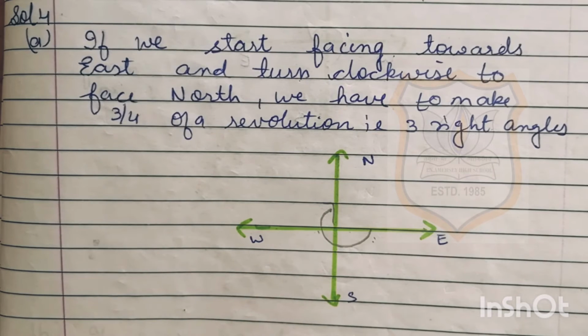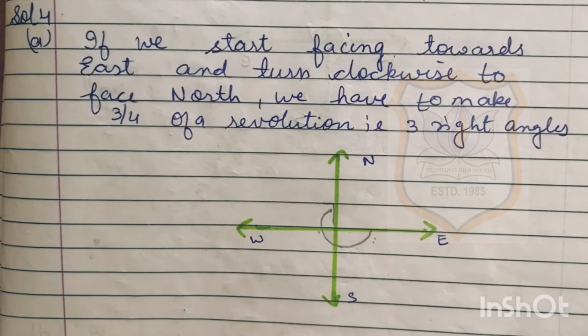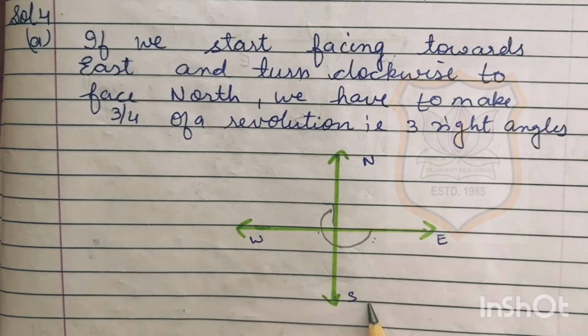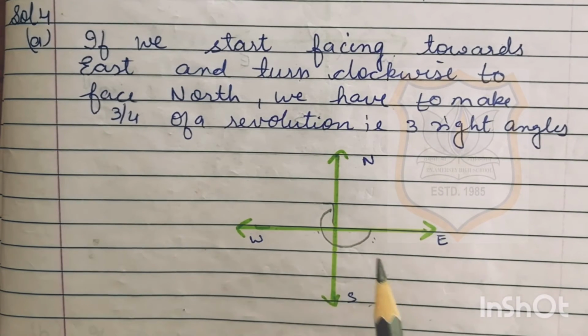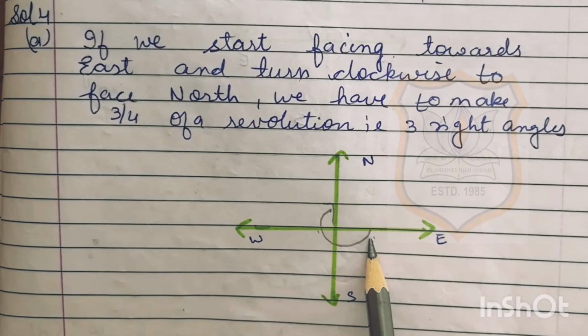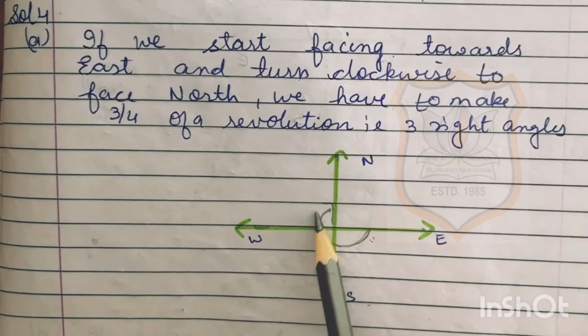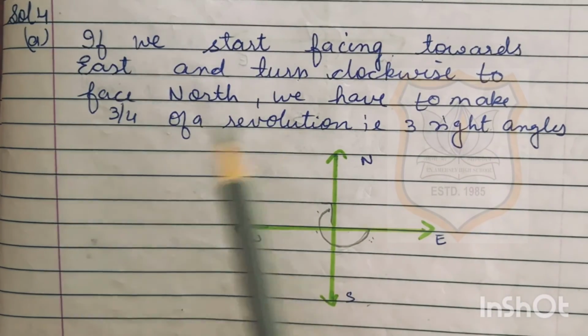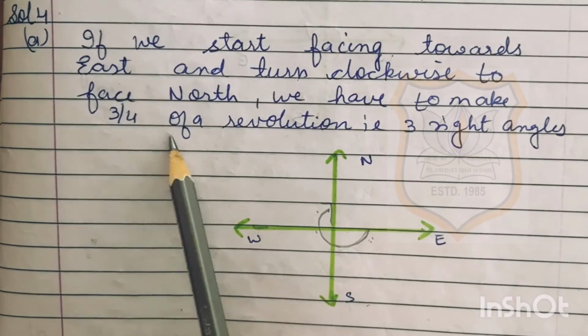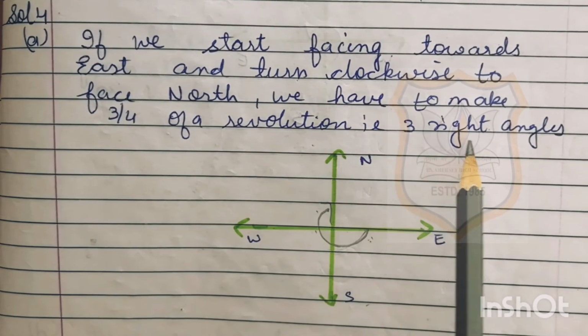Solution for A part of question number 4. Here we have to find out what part of revolution we have turned if we stand facing east and turn clockwise to face north. First we have to draw the figure. If we are facing east direction and turn clockwise to face north direction, we have to make 3/4 of a revolution, that is 3 right angles.